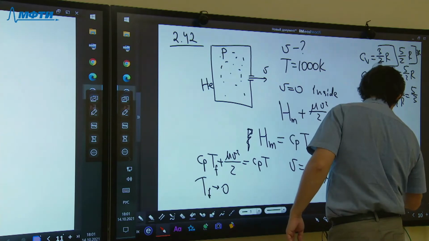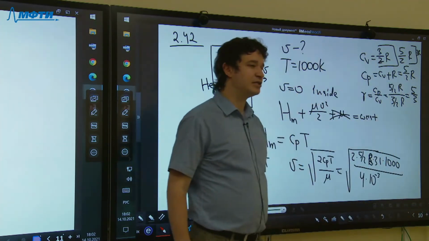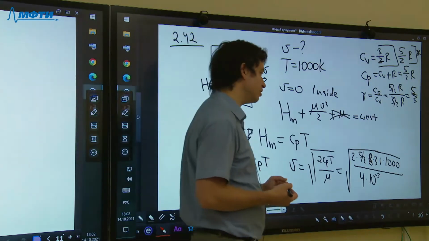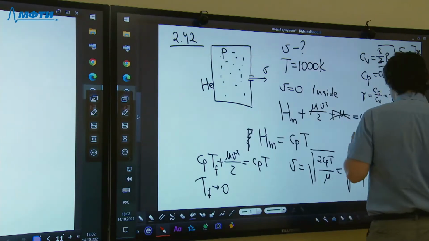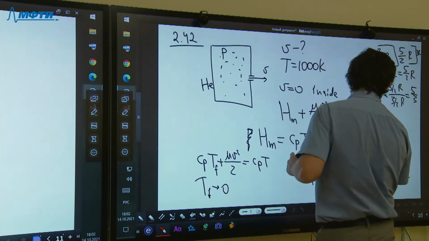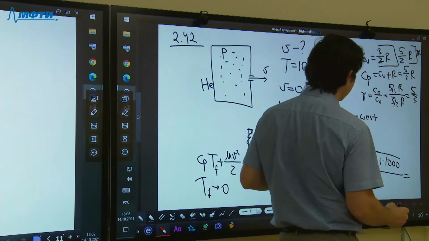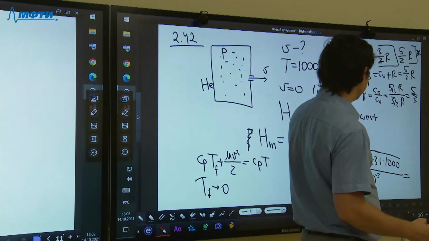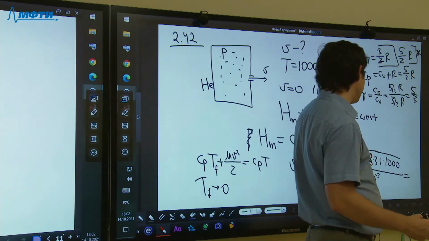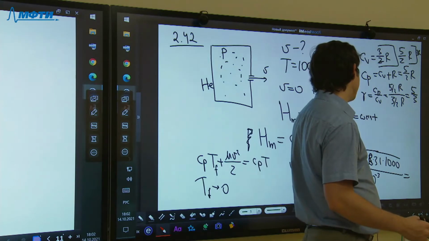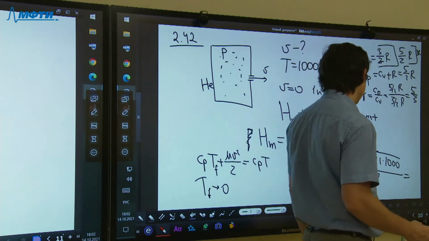So 4 times 10 to the minus 3, where 10 to the minus 3 comes from the unit conversion, from grams to kilograms. And in the end here, I have 5 times 8.31, so that would give me 41.5. 41.5 over 4, that would give me approximately 10.1.